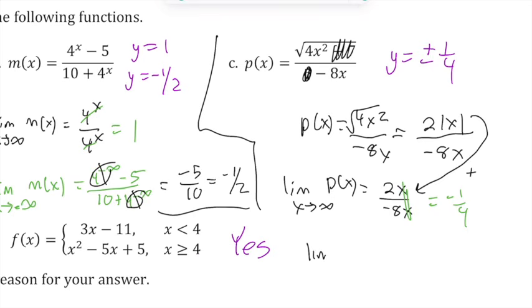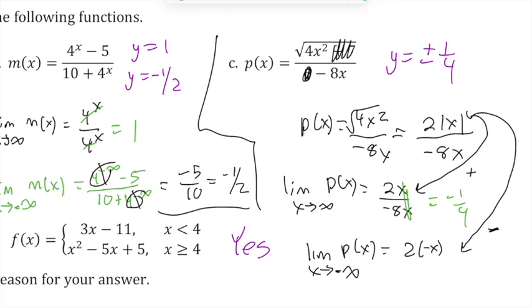The next limit, as we go to negative infinity, now we're going to consider the negative version of x. These cancel out, and then we're left with a negative and a negative are a positive. So this is going to be 1/4.